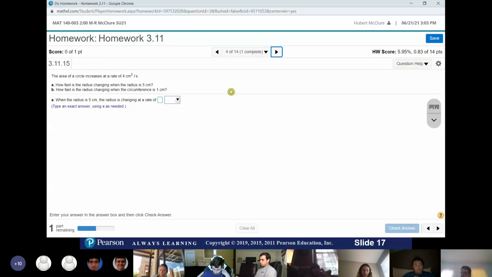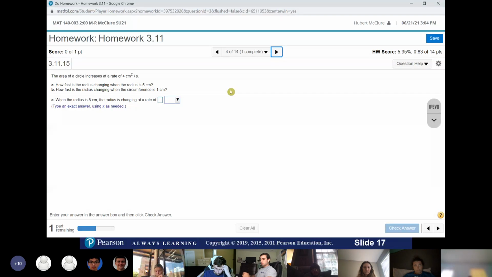And B, how fast is the radius changing when the circumference is equal to 1 centimeter? All right, take a minute and work on it. Remember, you're working with pi r squared, the area of a circle.